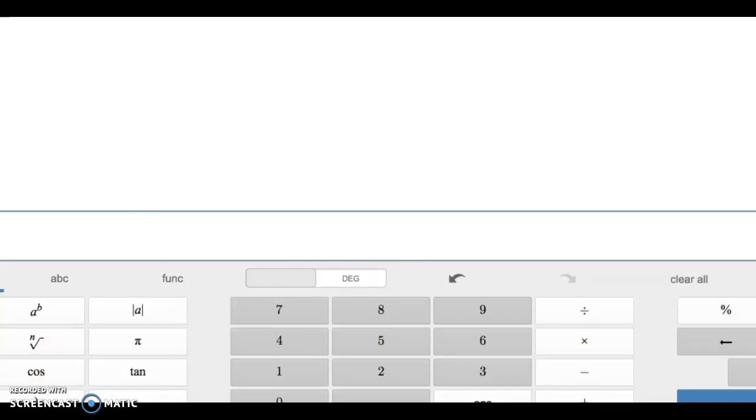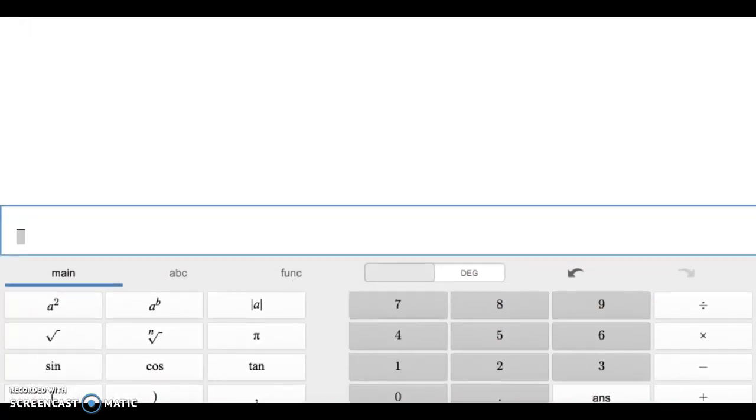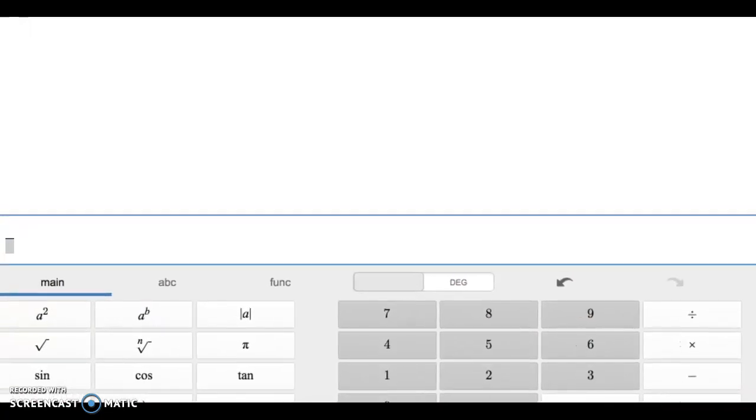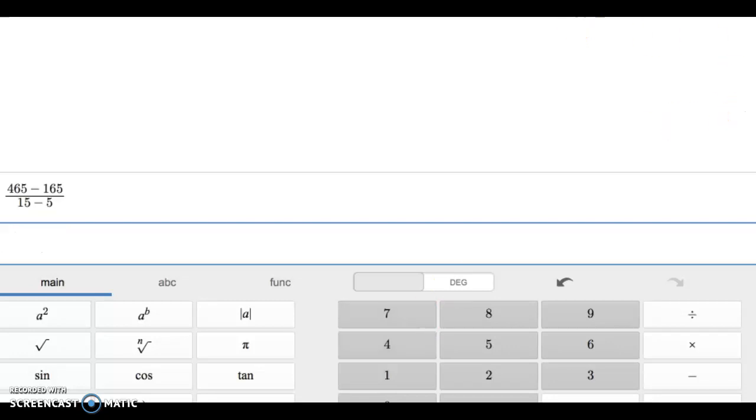For those of you using the Inspire, it is the same thing. I'm going to move this over so you can see that. So we have 465 minus 165, and that's going to be over 15 minus 5, and it says that the answer is 30.